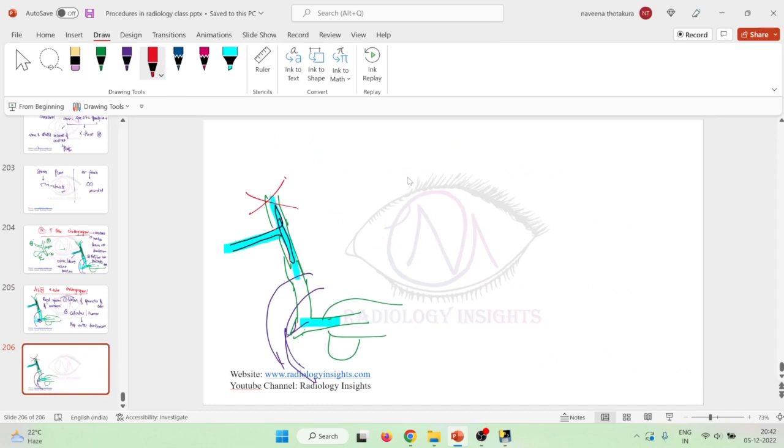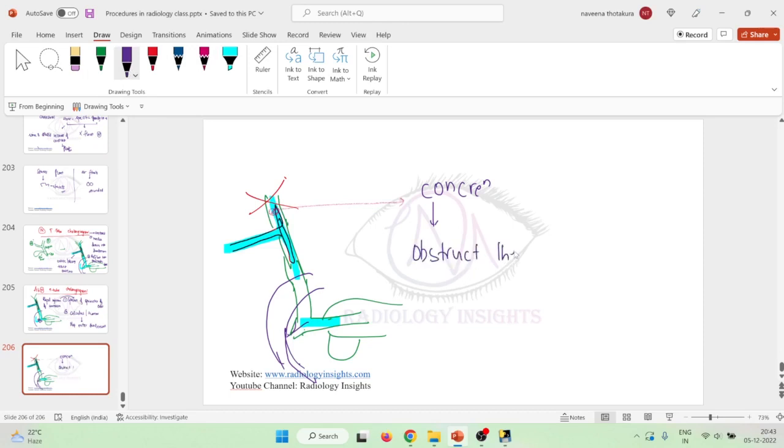Why? It can be due to concretions which are obstructing the lumen or orifice. These concretions may be present here, proximally.